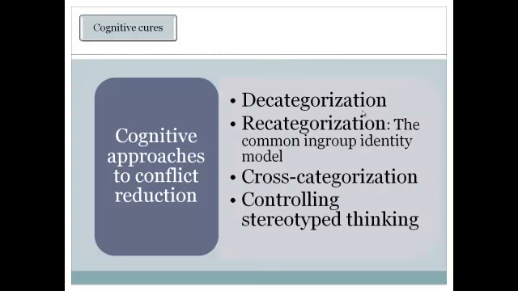You could also even recategorize the person by creating a common in-group identity model. The common in-group identity model is where you can take members of two groups, put them together, and form a new in-group that includes this out-group member. And so now it's a new in-group. For example, think about the Rattlers and the Eagles in the Robbers Cave study.